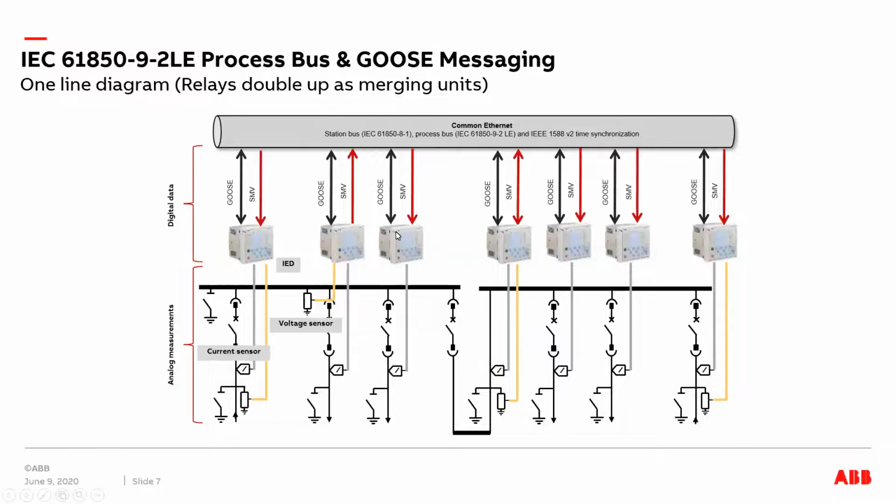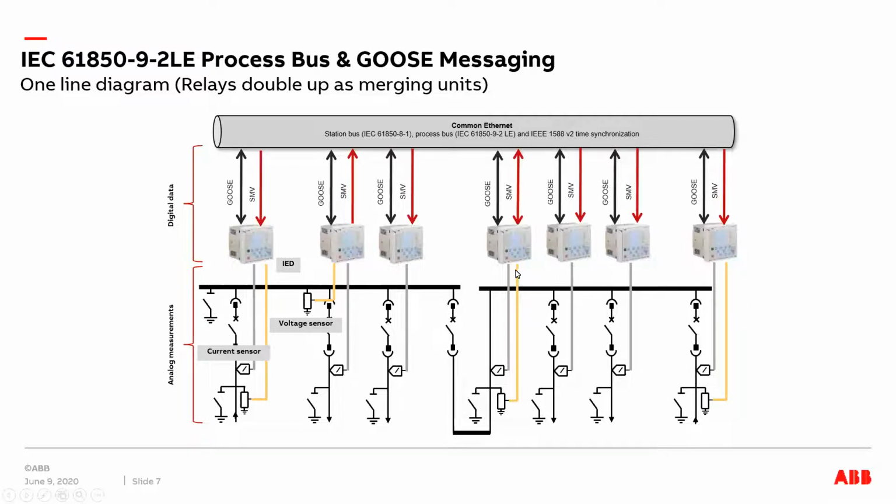Now, with respect to the bus B, there is a bus B voltage sensor as well, which is mounted in the tie breaker here in this case. So the tiebreaker relay has the bus voltage input as well.